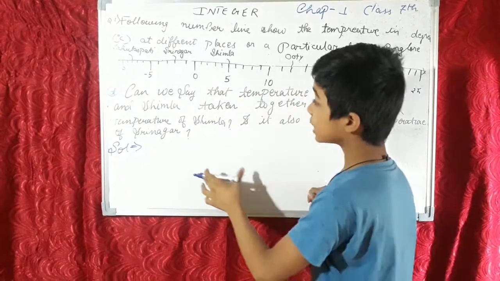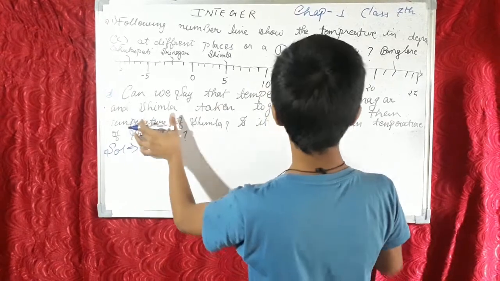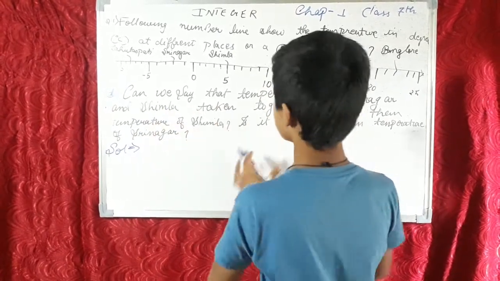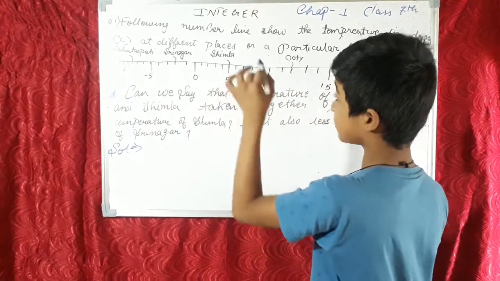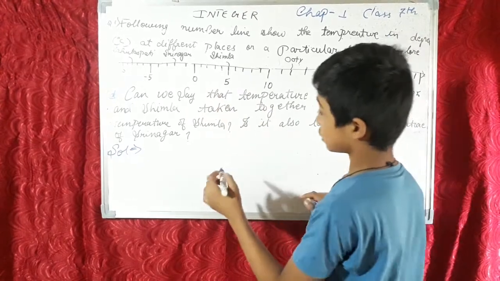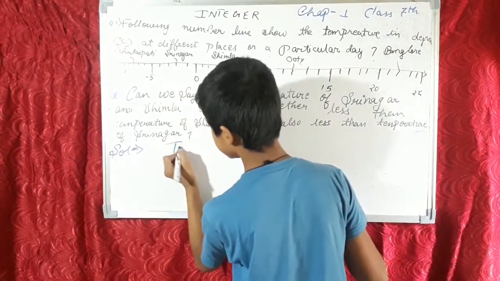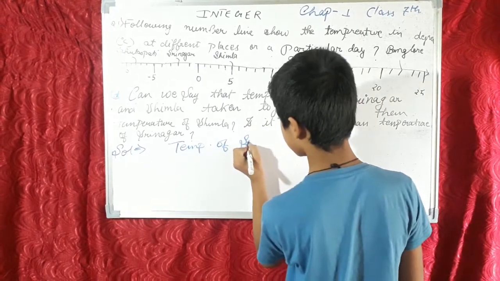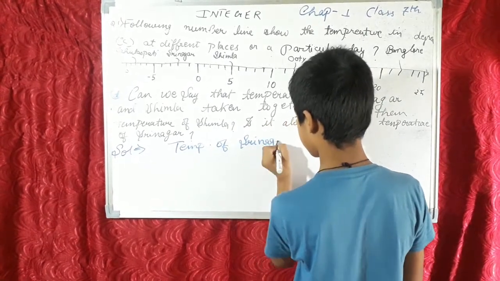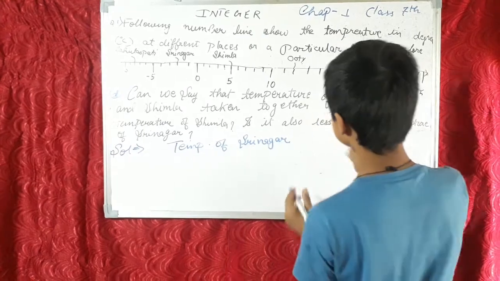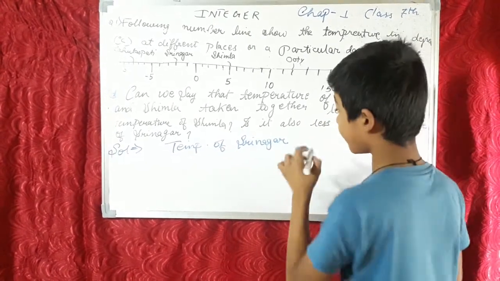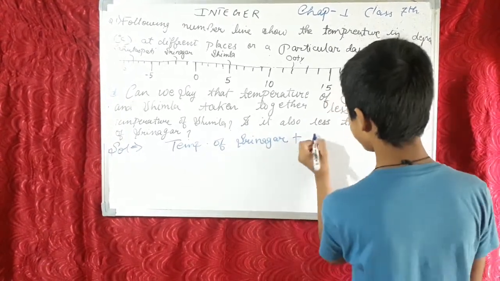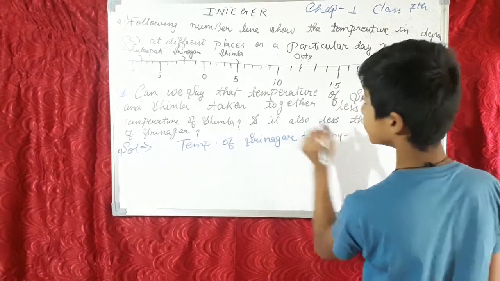Firstly we have to take the temperature of Shimla and Srinagar. So we write temperature of Srinagar plus, together means plus sign, temperature of Shimla.